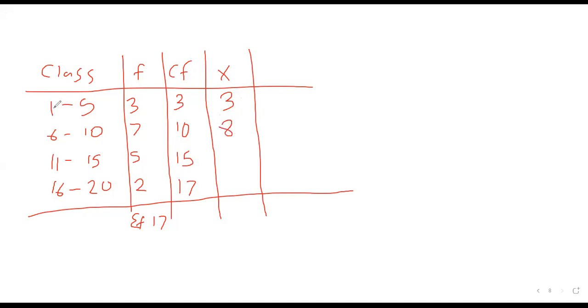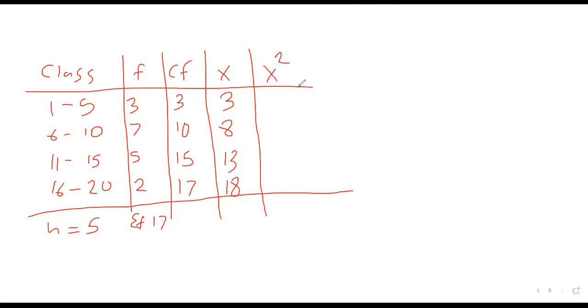The distance from one lower bound to the next is called the height. The height is similar even in the midpoint. The difference from here to here is 5, so you can keep adding another 5: you get 13, another 5, you get 18. This tallies well. You can prove it: 11 plus 15 is 26, divided by 2 is 13. So this is called our midpoint.